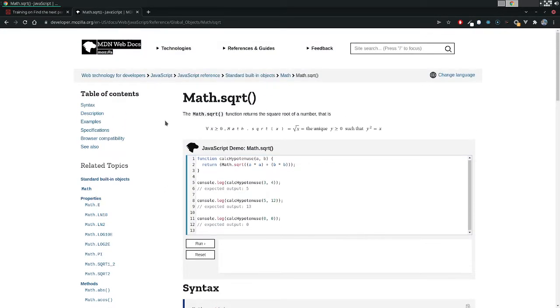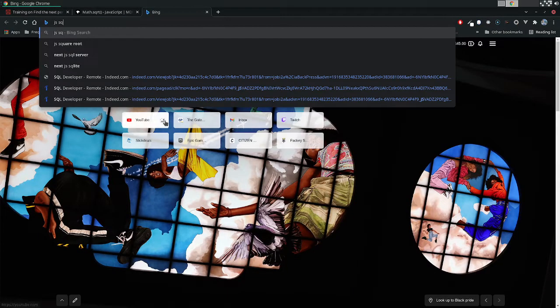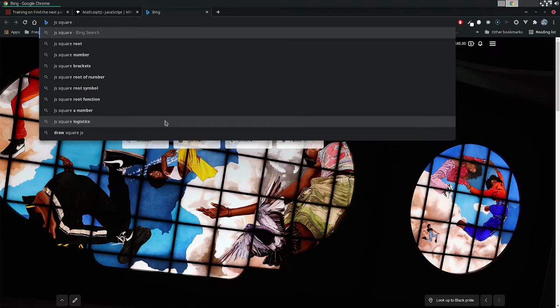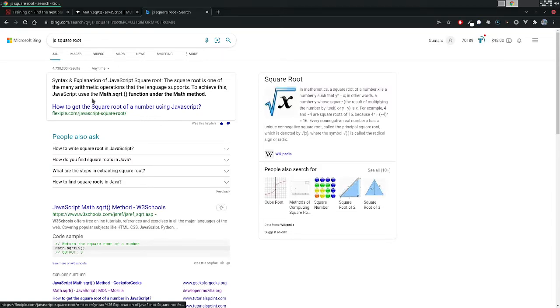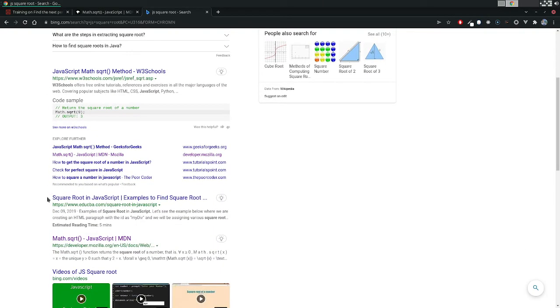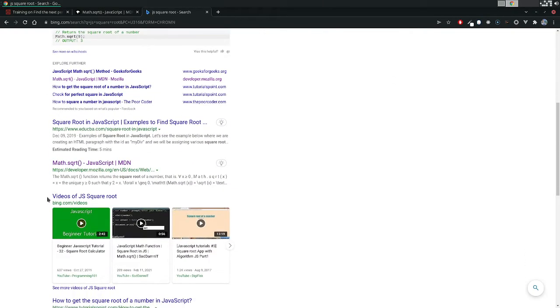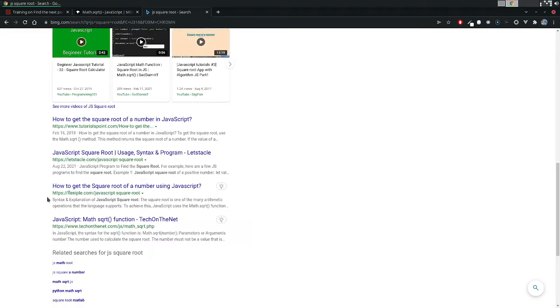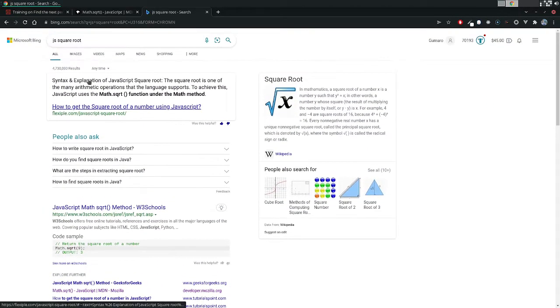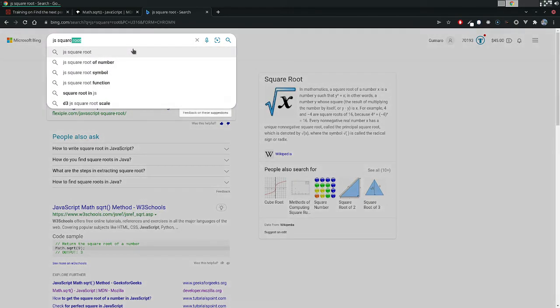But I'm curious if, JS square root, is that the only way to do it? Like power has double times. Oh no, that would be a comment.